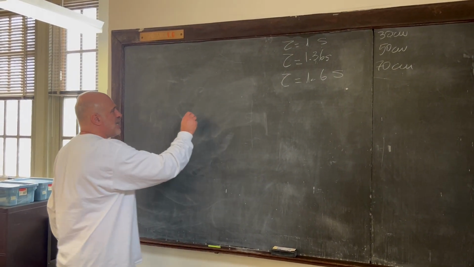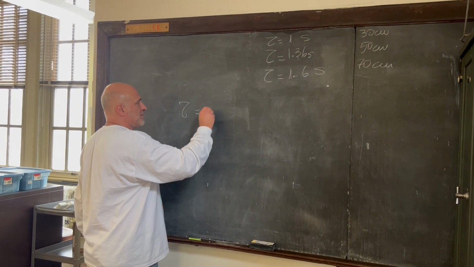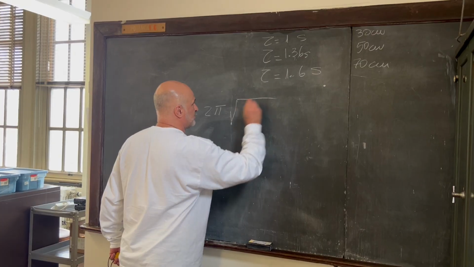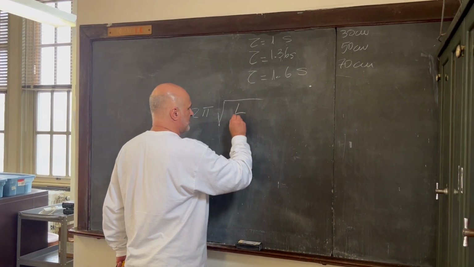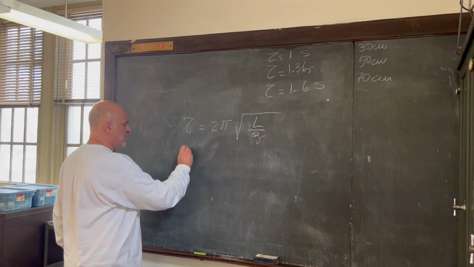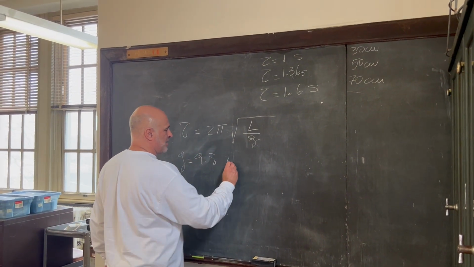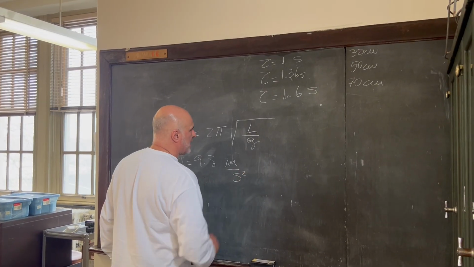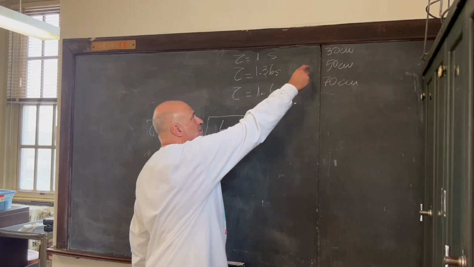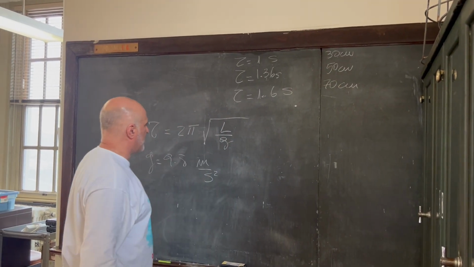So actually, we have seen that the period of a pendulum is 2 pi times the square root of the length divided by g. Again, g is the acceleration of gravity, 9.8 meters per second squared. And so we have 3 different lengths here, 0.3 meters, 0.5 meters, and 0.7 meters.